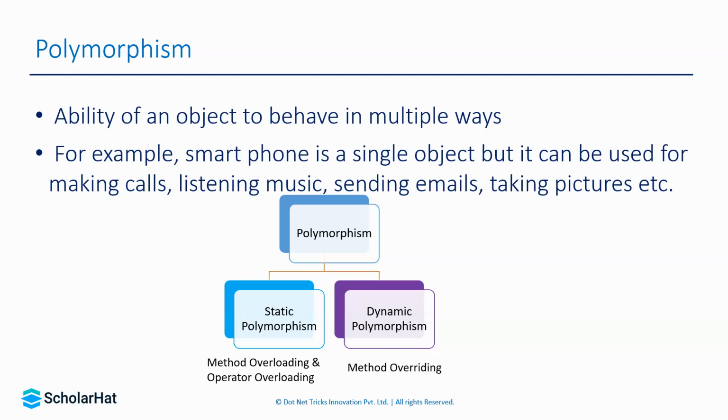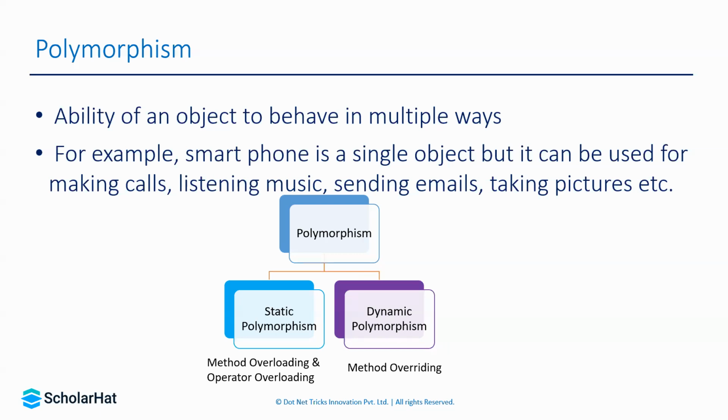At home, you are a member of the home where you have some set of responsibilities. But whenever you go to college, you are a student there. What responsibilities do you have there? Now let's say you are going to a shopping mall. There you are behaving as a customer, and as a customer you do the things a customer does.